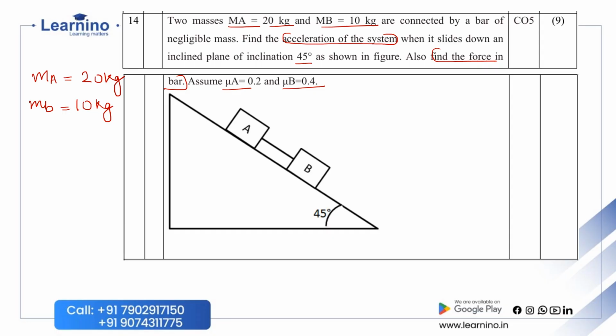We need to find the net downward force on the inclined plane. If I am considering the mass MA, its weight is acting downwards, that is mass MA into g acting downwards, and I can resolve this force into two components.